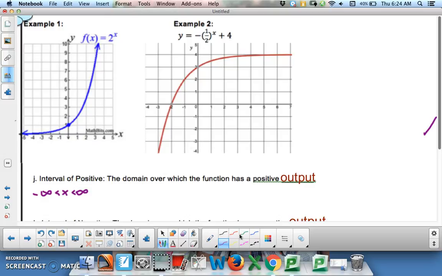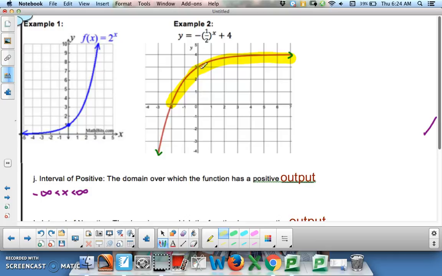When I look at this example, I do have a change because I have one section that seems to be above that x-axis. So from here all the way up to infinity, as x approaches infinity, this thing is above that x-axis, meaning if I plug in a -1, I'm going to get out a 2.